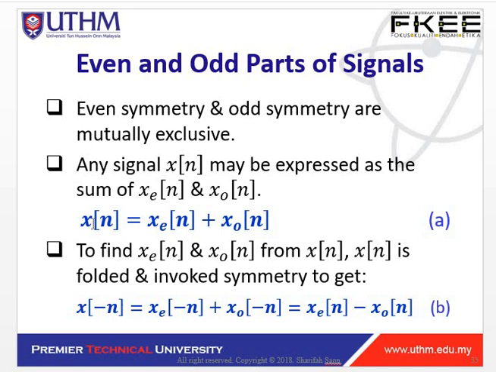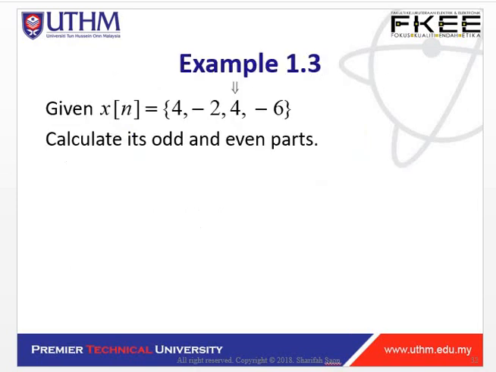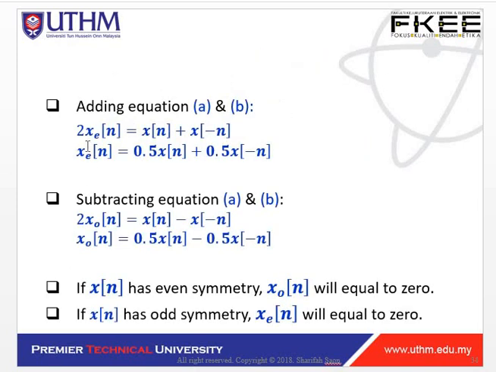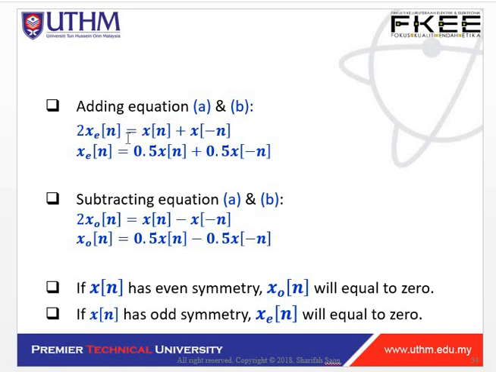A plus B gives 2 x even plus x[n] plus x[-n]. As you know just now, x[n] is equal to x[-n] for the even signals, so x even[n] is equal to x even[-n]. It's the same, so here you get 2 x even[n].